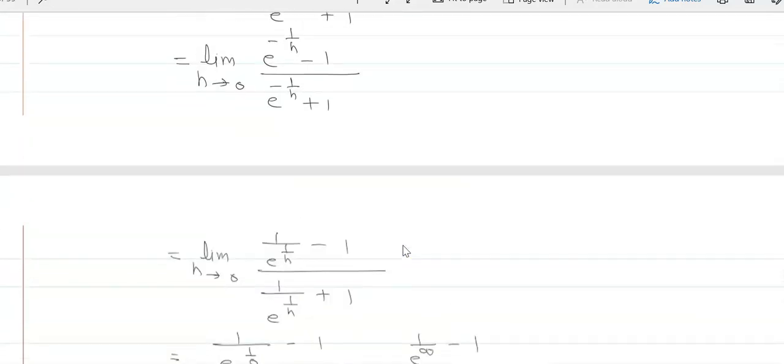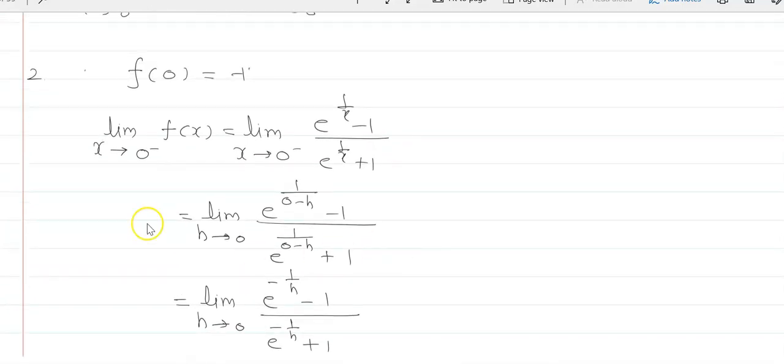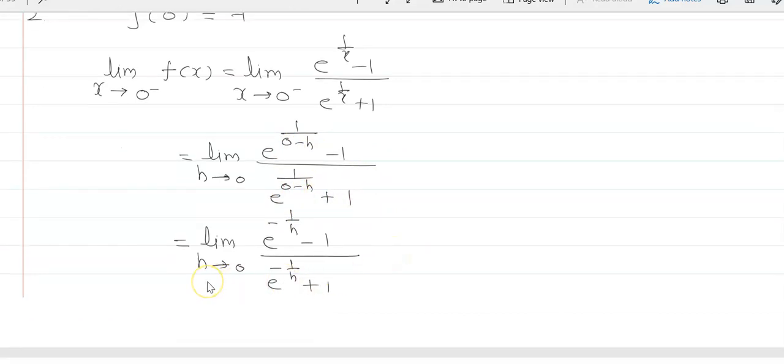If we solve this limit, that is the left hand side limit, x tends to 0, e raised to 1 upon x minus 1, e raised to 1 upon x plus 1, h tends to 0, e raised to 1 upon 0 minus h minus 1 upon e raised to 1 upon 0 minus h plus 1. Evaluate it, and therefore you will get h tends to 0, e raised to minus 1 upon h minus 1, e raised to minus 1 upon h plus 1.